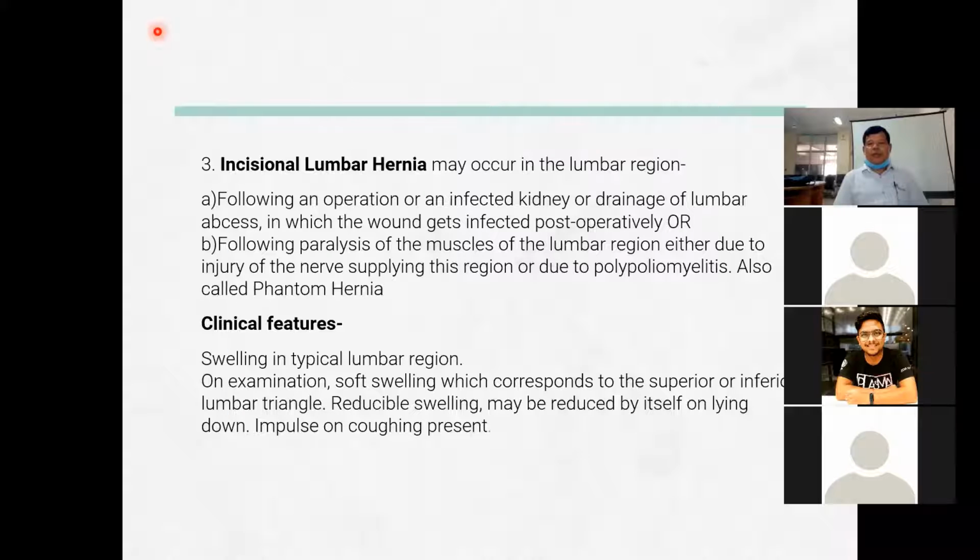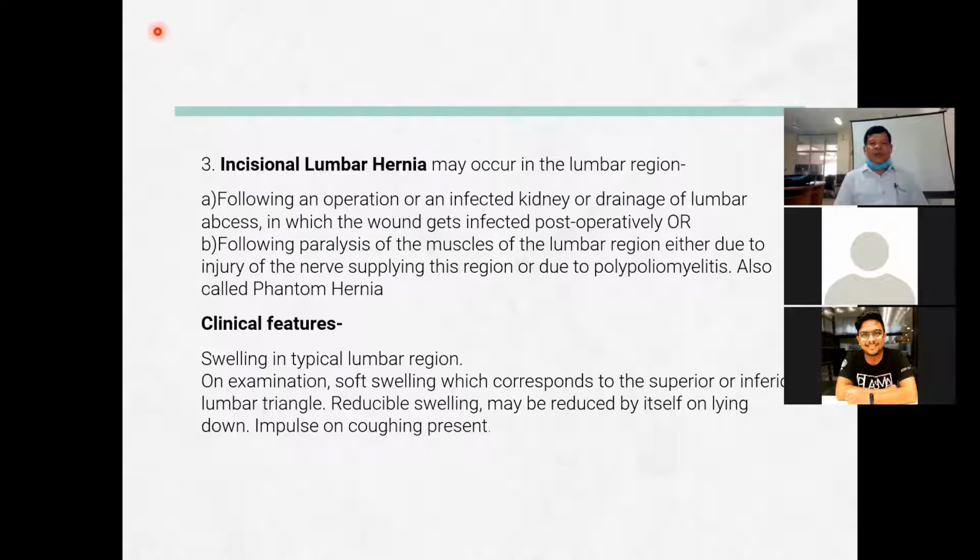Now, clinical features. The clinical features of hernia are almost the same in all cases, but the main thing is the site. Whatever swelling is present will be typically in the lumbar region, below the 12th rib, and lateral to the sacrospinalis muscles or the latissimus dorsi. Such a swelling easily fulfills all the criteria of hernia, which I have already discussed earlier in the basics of the anatomy.